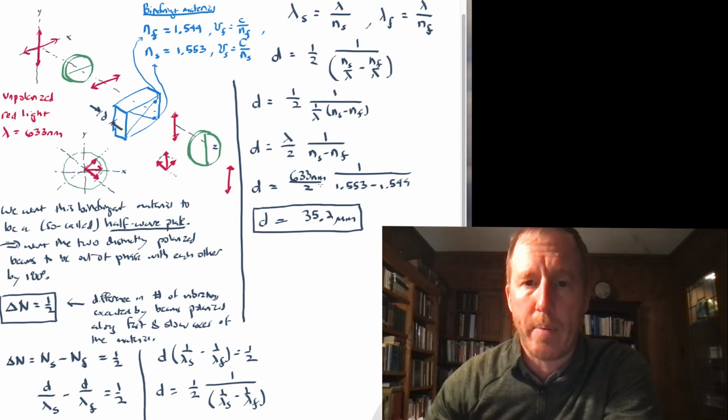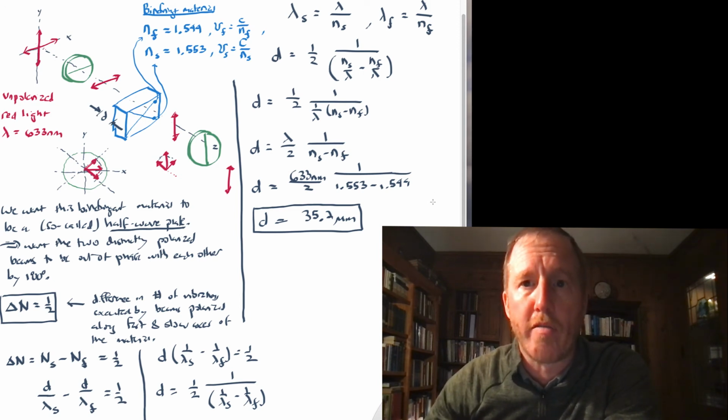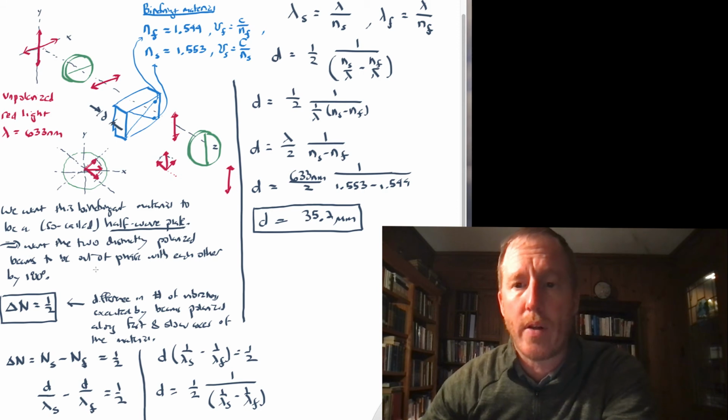So what has happened here? Essentially, this half-wave plate, this thin 35 micron thick layer of birefringent material, is just thick enough to rotate the plane of polarization of this initially horizontally polarized wave by 90 degrees, so now it's vertically polarized. Now, think about the implications of this.